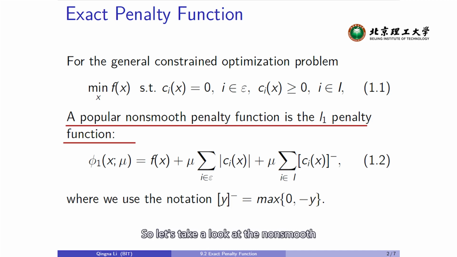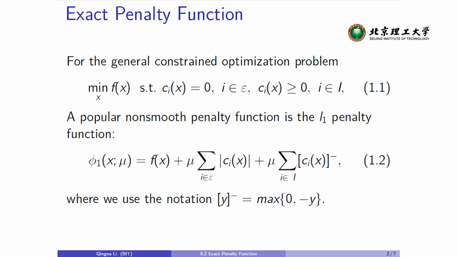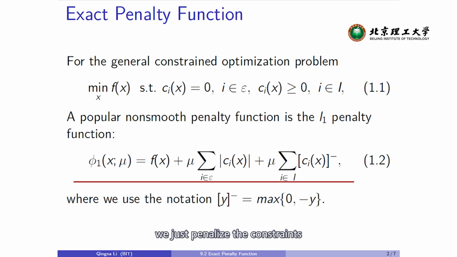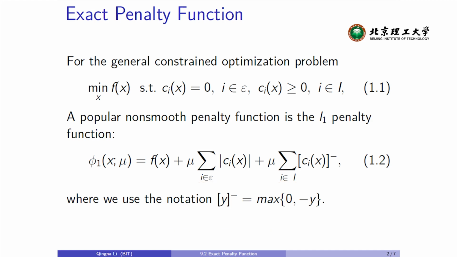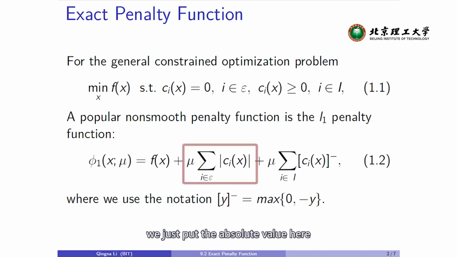Let's take a look at the non-smooth penalty method, which is also referred to as the L1 penalty method. In the L1 penalty method, we just penalize the constraints with the absolute value. For equality constraints, we put the absolute value and do the summation.